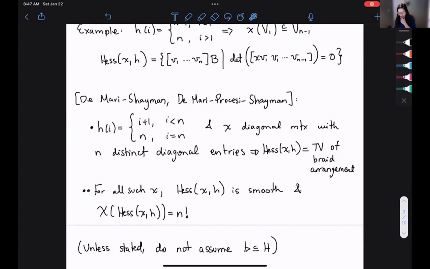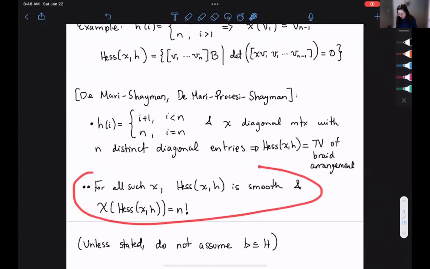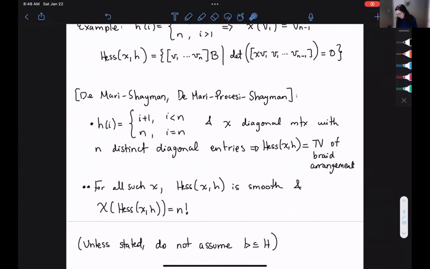But for the purposes of which Schubert varieties are Hessenberg varieties, this type of idea tells you that it's probably good to not assume this to be the case, because then your geometry and your topology is going to be somewhat limited. Schubert varieties for sure have more complicated Euler characteristics than this.